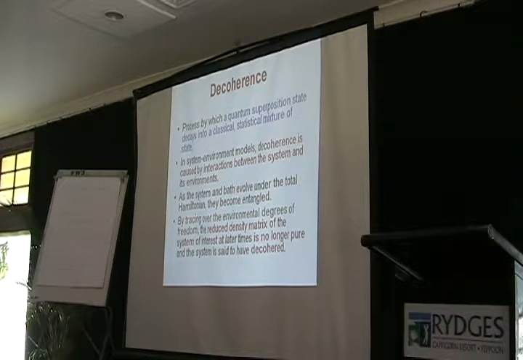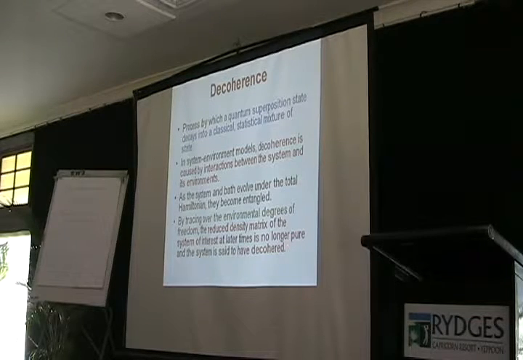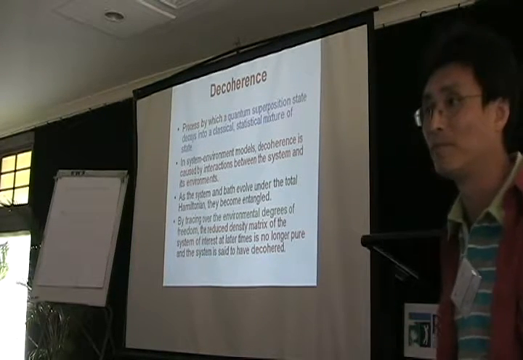The system and the bath, or environment, evolve under the total Hamiltonian, and they become entangled. When they are entangled, you trace out the environment degrees of freedom. Then the reduced density matrix of the system of interest is no longer pure, and the system has decohered.